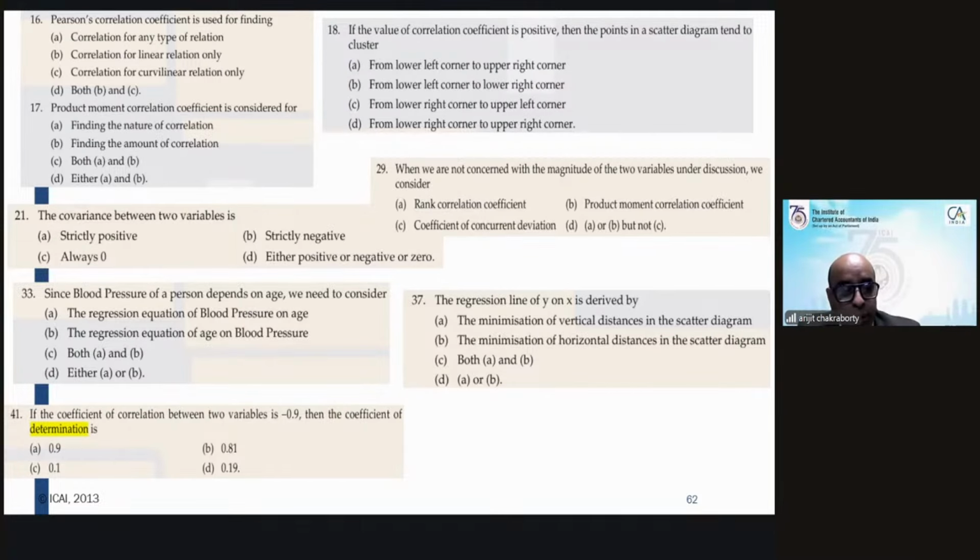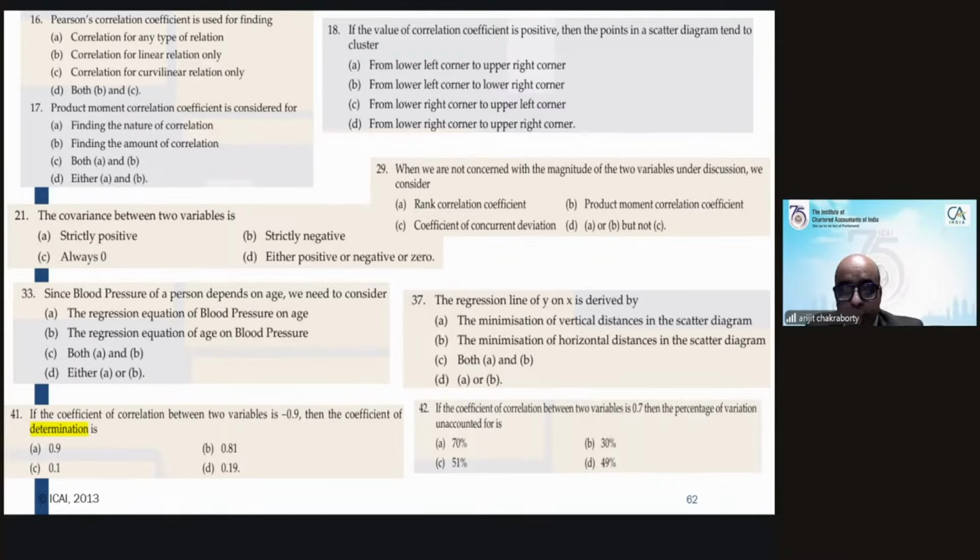So minus 0.9 into minus 0.9, it is minus 0.9 squared, that means it is 0.81. So for question number 41, we will choose option B.